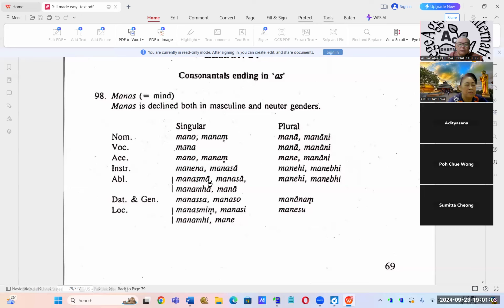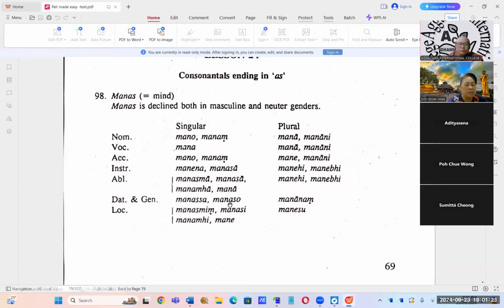Ablative: tamasa, special form, tamasma, tamamha, tama. Plural: tamehi, tamebi.